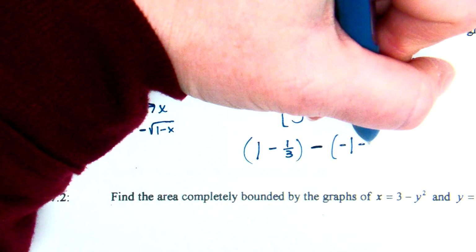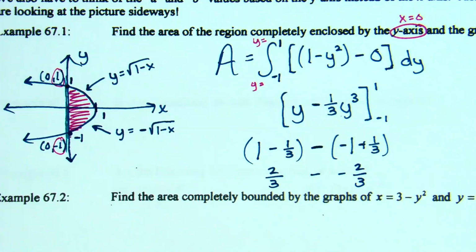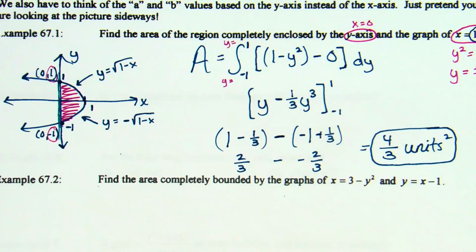Because 1 minus 1/3 is 2/3, and negative 1 plus 1/3 is negative 2/3. 2/3 minus negative 2/3 is going to be 4/3. Officially, I'm going to say 4/3 units squared. And we put numbers in. Forget the plus C.